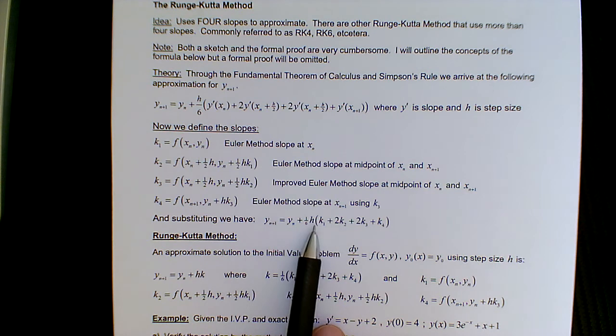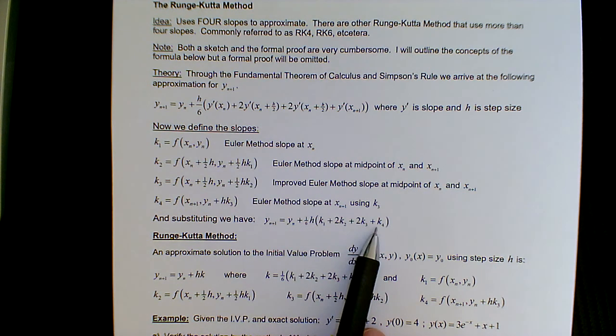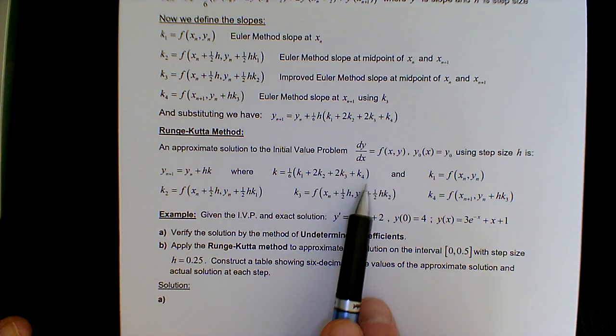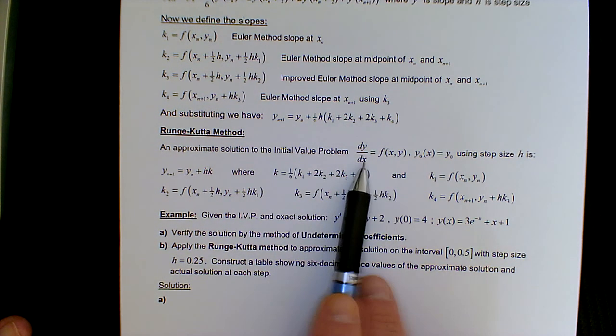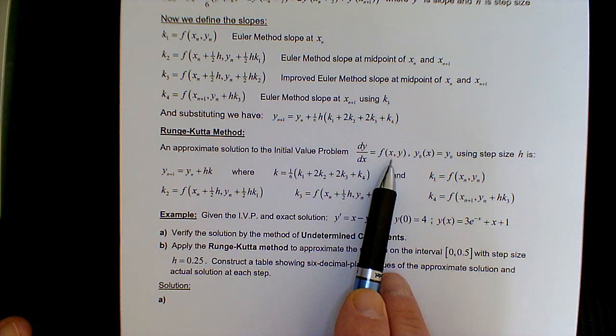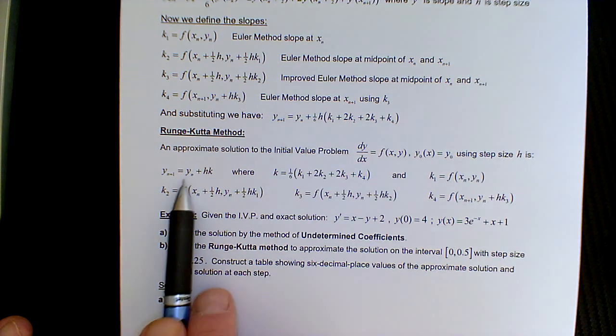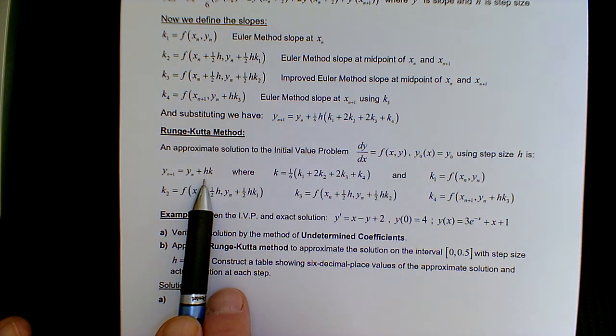So if we substitute all that in terms of the k's, this is our formula, and here's the formal statement of the method. We're approximating dy/dx as f of x, y, and here's our initial condition, with a step size of h. Ultimately, this is sometimes referred to as the Euler form.